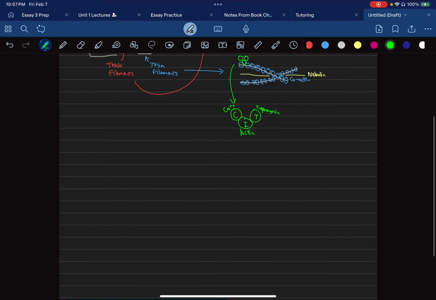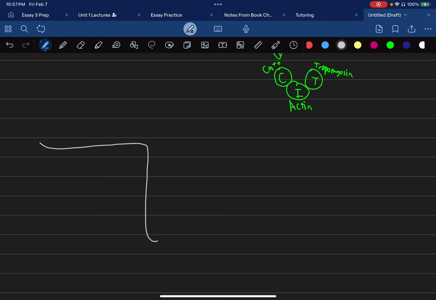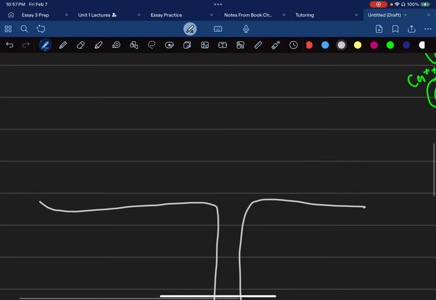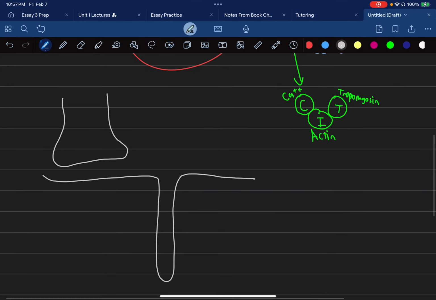And how this works in a muscle cell: we have our muscle cell right here. We've got a T tubule there, and we have a neuron coming down.